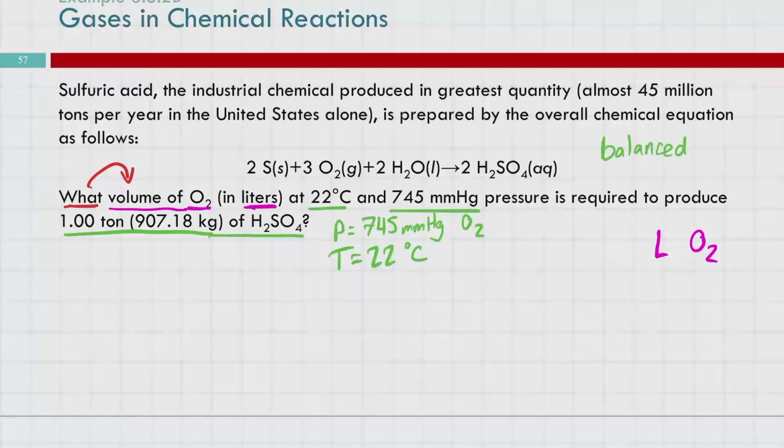Or is there something else that we need? Let's write out our ideal gas law. We're finding liters of O2, that's volume. So we're going to divide both sides by pressure to move it to the right side. Volume is equal to nRT over P. We'd go and look up R on our periodic table / information sheet.